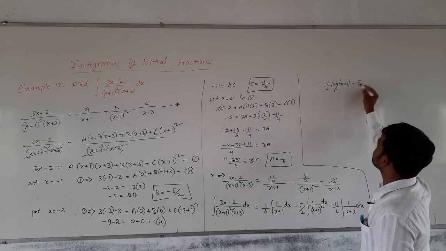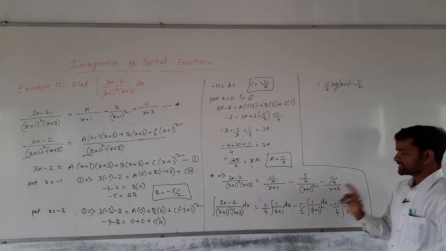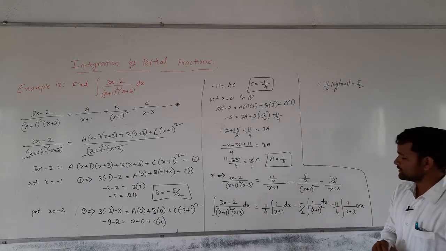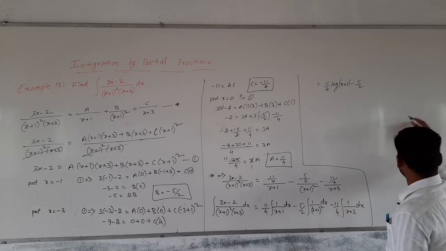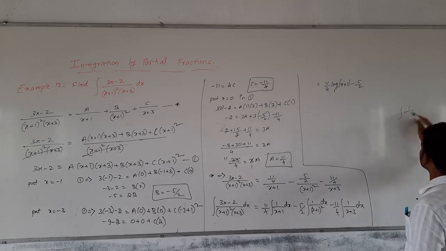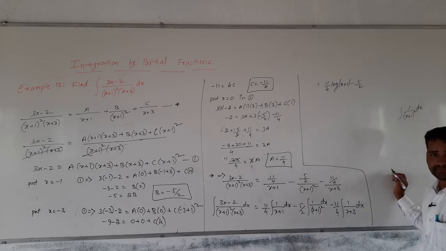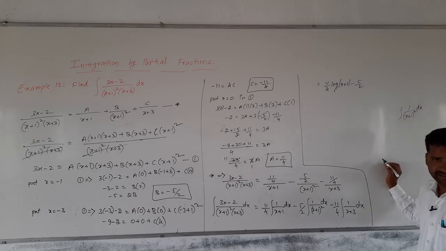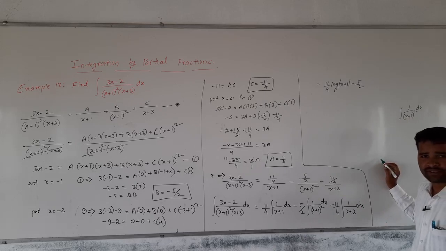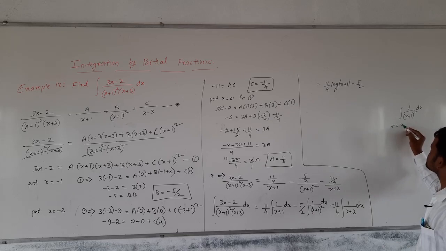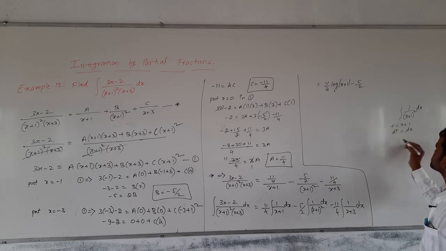Next, minus 5/2 into, I will integrate this separately: the integral of 1/(x + 1)² with respect to x. (x + 1)² is of the form f(ax + b), a linear function, so I can integrate directly, or else substitute x + 1 = t. Then dt/dx = 1, so dt = dx.